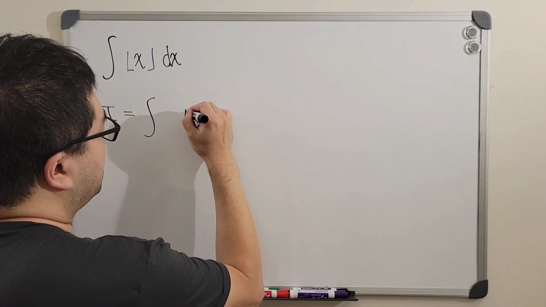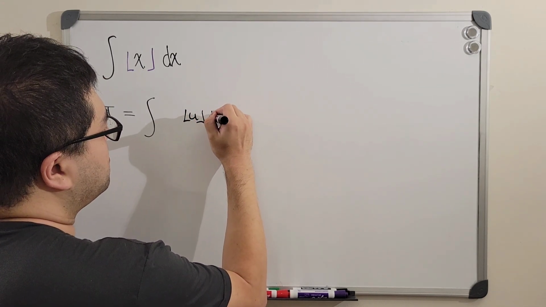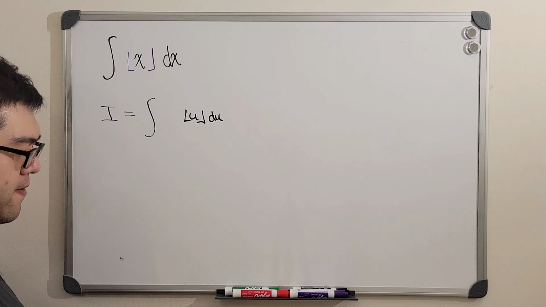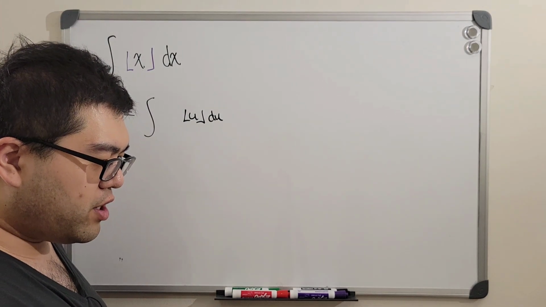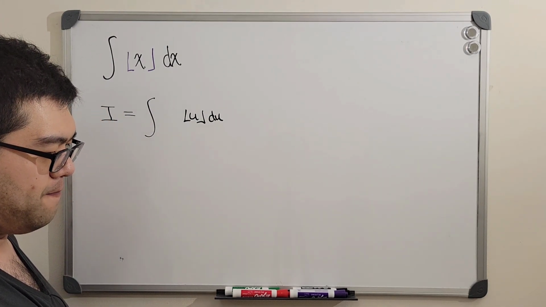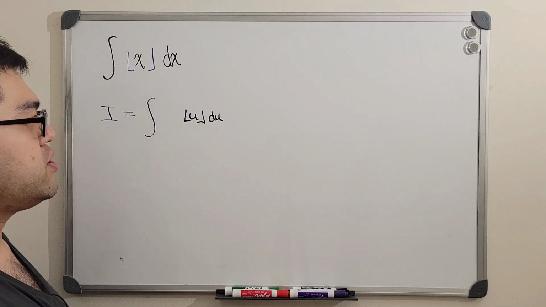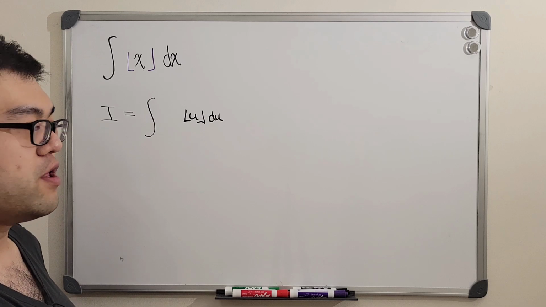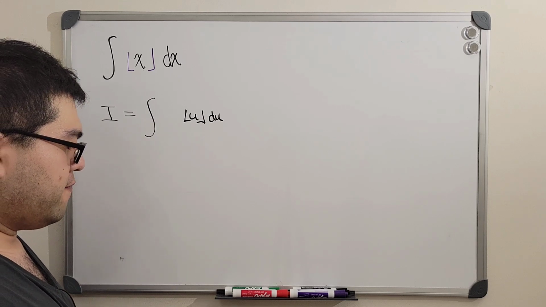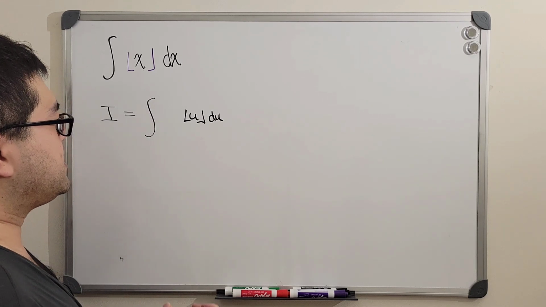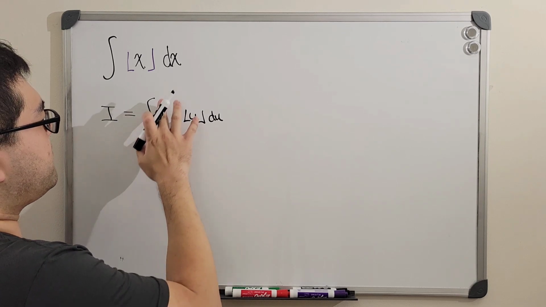In this case, I'm going to use u, because why not? U sub, right? And now we're going to use the second part of the fundamental, well, actually, I think it's the first part of the fundamental theorem of calculus.